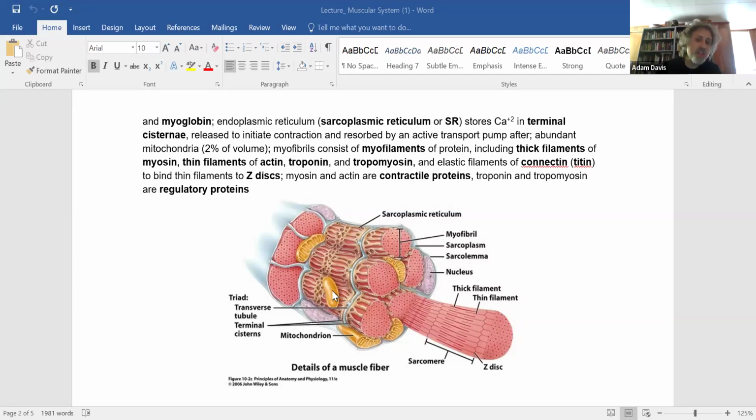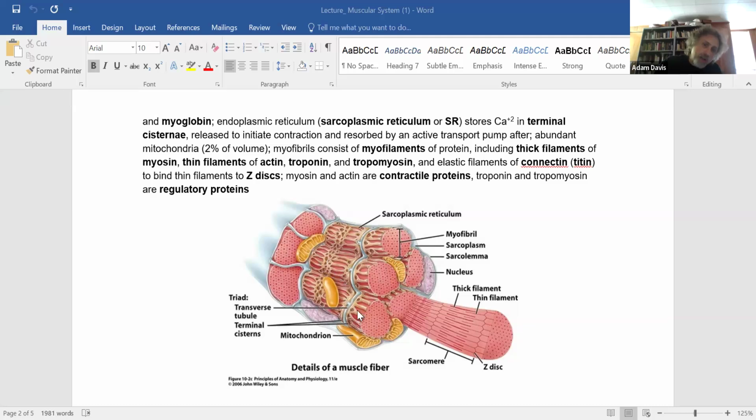And we're going to see the web-like internal membrane that we call the sarcoplasmic reticulum, or SR, which is the same thing as the endoplasmic reticulum that we find in any other kind of cell. And you can see that it's this kind of webby material that we see all throughout the interior of the cell. Now you can see that your sarcoplasmic reticulum is wrapped around these long, thick rods of protein.